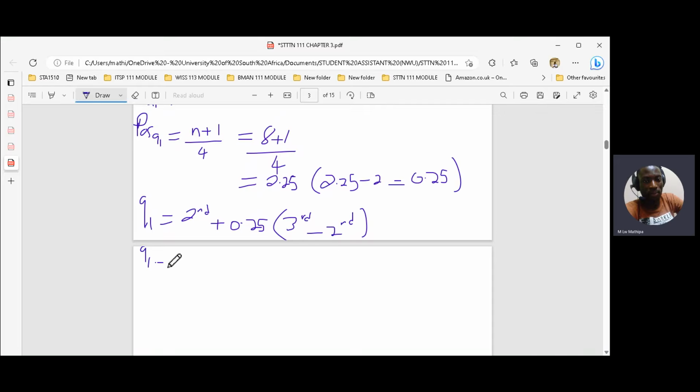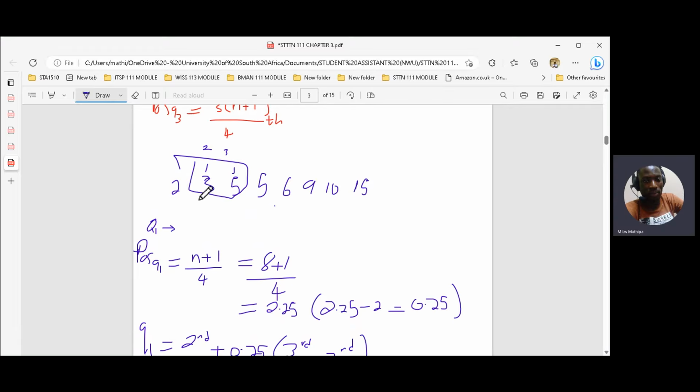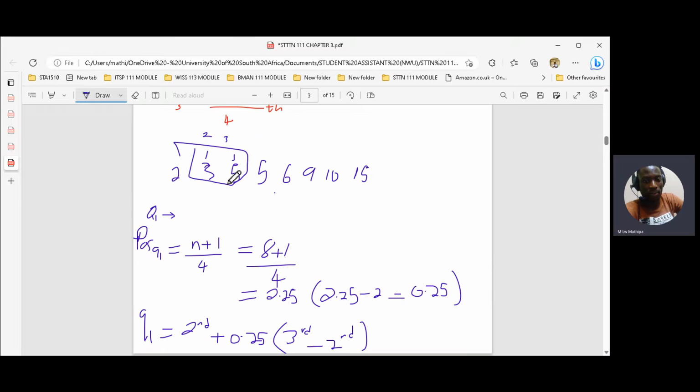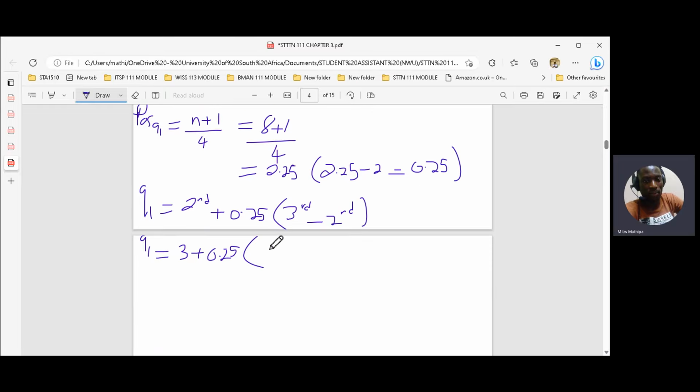Therefore Q1 is equal to the second position, which in this case is 3, plus 0.25 into the third position, which is 5, minus the second position, which is 3.